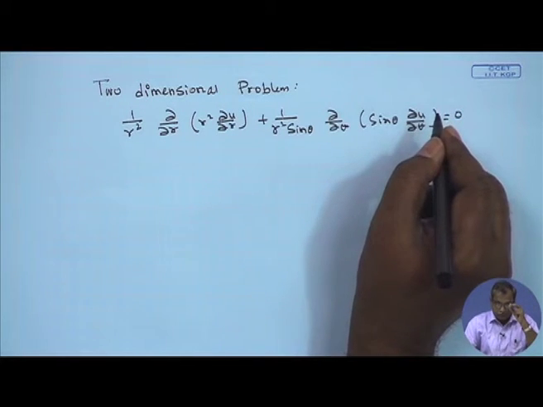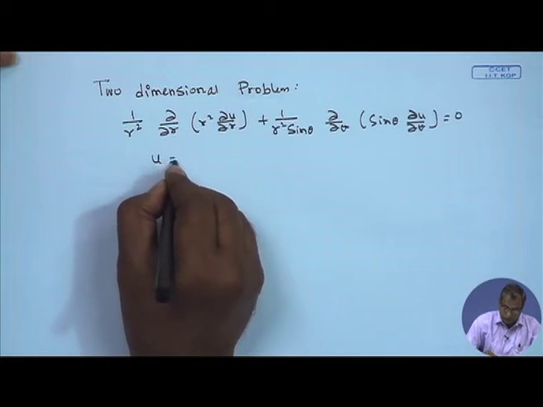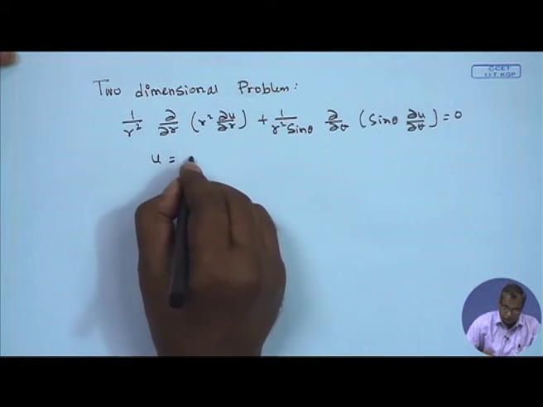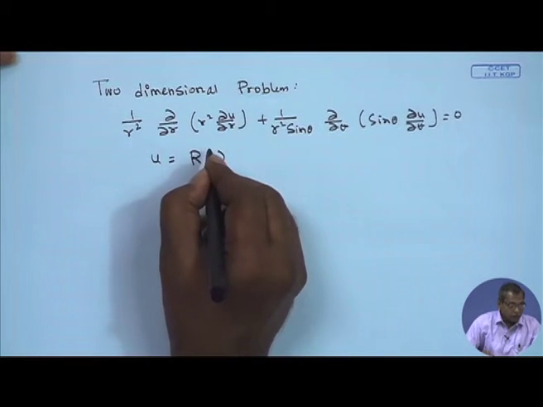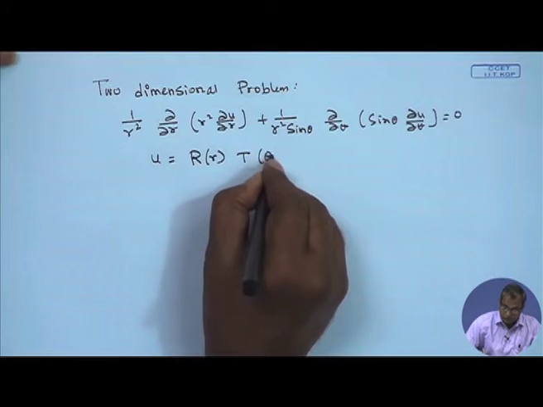Now, we go ahead with a separation of variables type of solution, assuming u equal to R of r multiplied by T of theta.